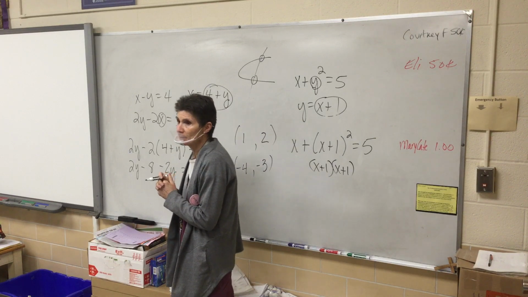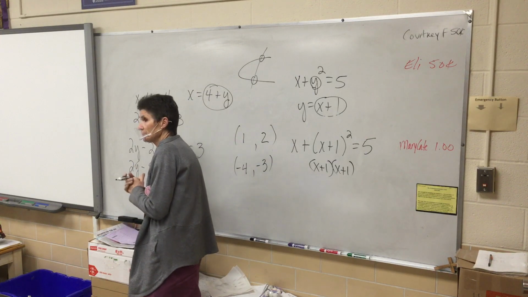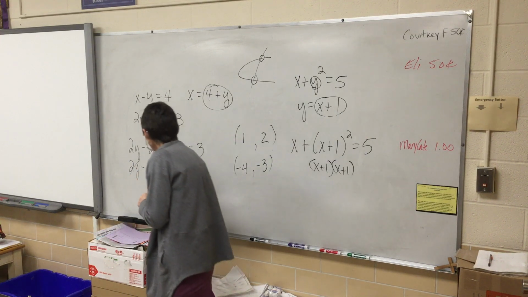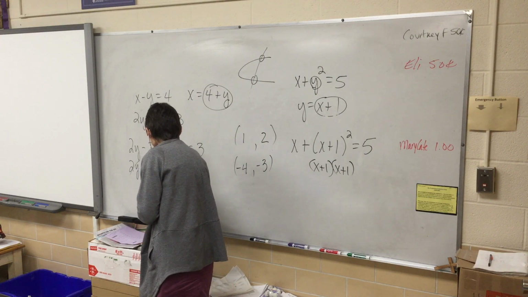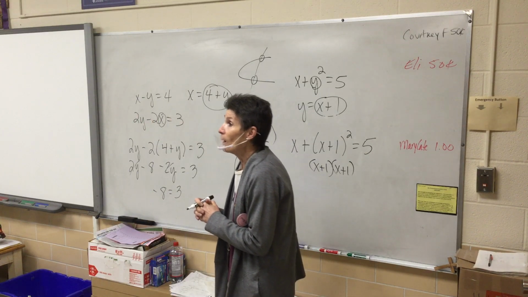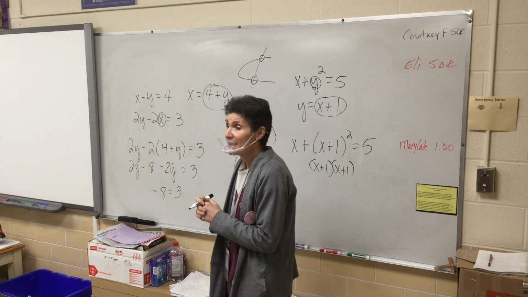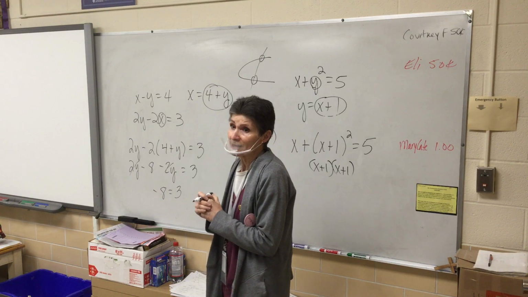Oh, now I see what Cammy was talking about. These cancel, don't they? Yeah. So I'm left with -8 equal to 3? So what? No solution. -8 does not equal 3.